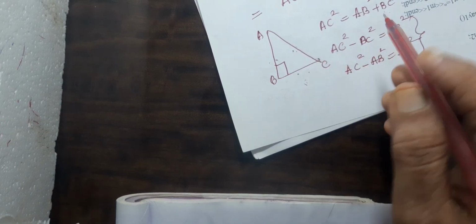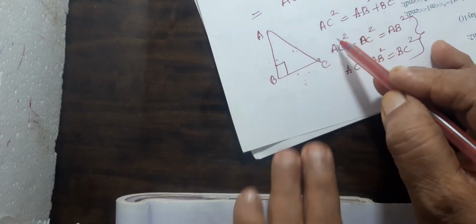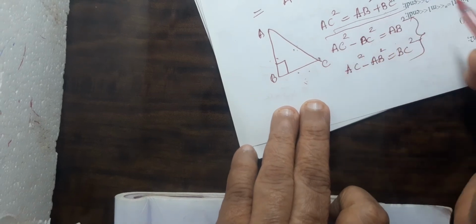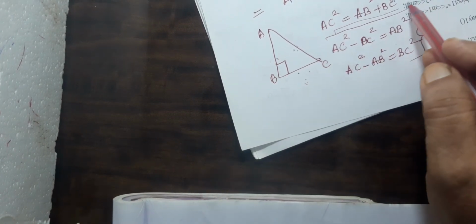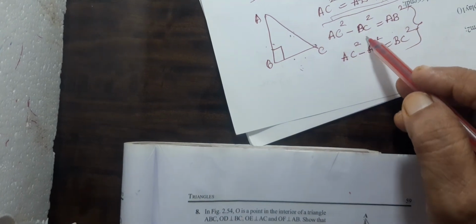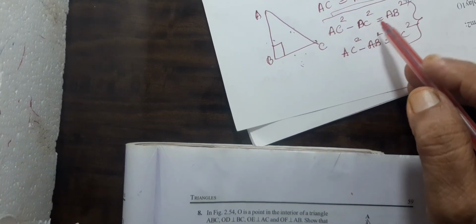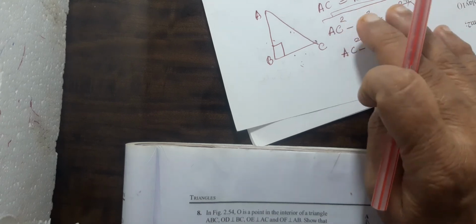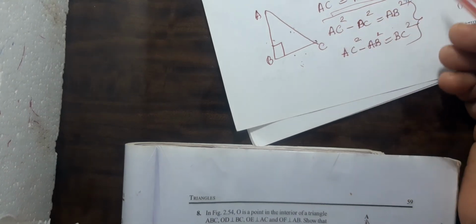You should be able to express it. Of course, the main formula: hypotenuse square is equal to the sum of the squares of the other two sides, you know it. But you should also be able to say this: AC squared minus AB squared is equal to BC squared. Just transfer one term to this side.